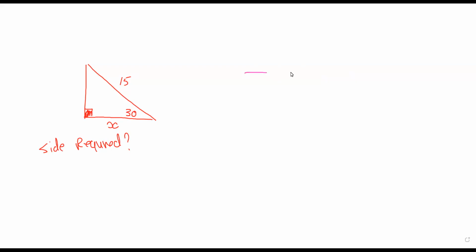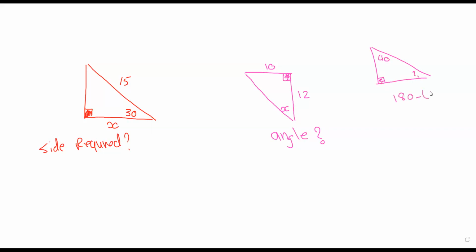Now let's assume that I have this triangle, and I am given 2 sides and I am required to calculate an angle. I hope my handwriting is getting better. As you can see, in this triangle an angle is required. For a very simple triangle, if this angle is given as 40 degrees, I can easily calculate the remaining angle by subtracting 90 and 40 from 180.